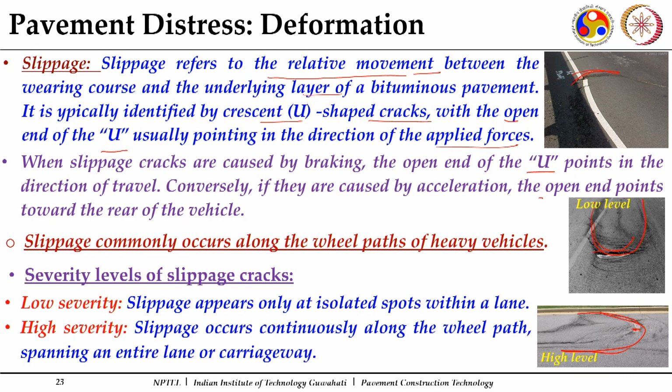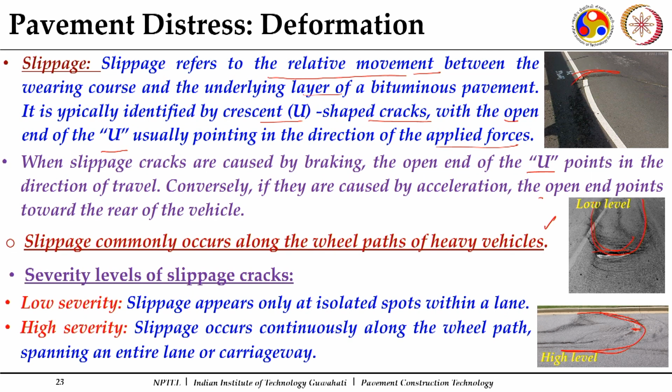So, this is usually when one layer slips with respect to the other layer, this kind of shape. So, we can very well experience where this can occur. This usually occurs along the wheel paths or where slow moving traffic is there, specifically where regular stopping and acceleration is happening.